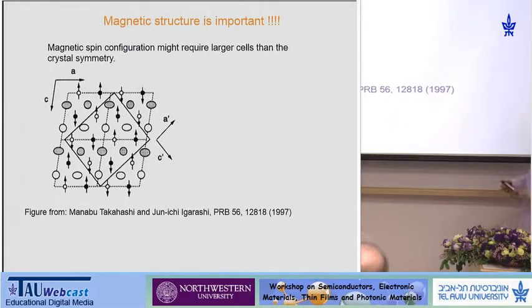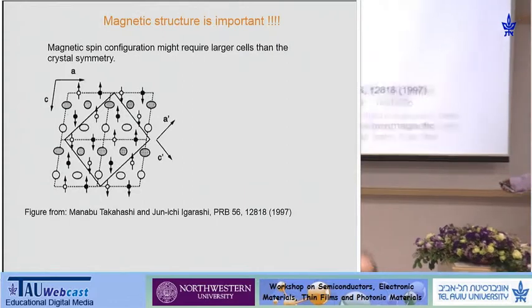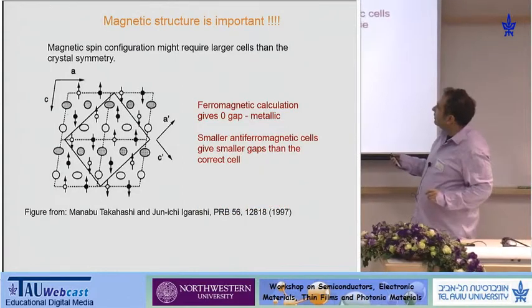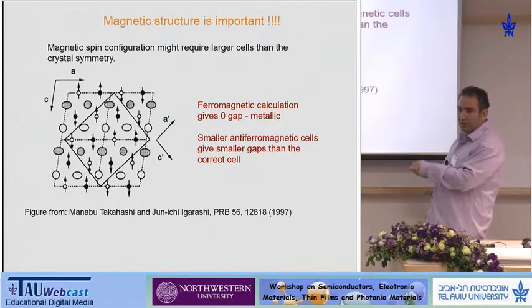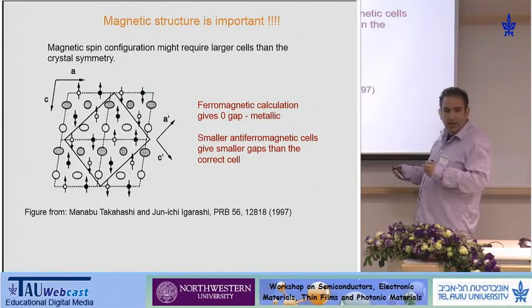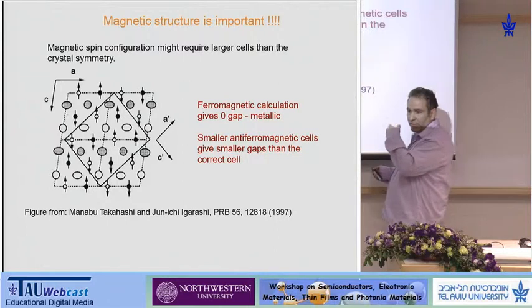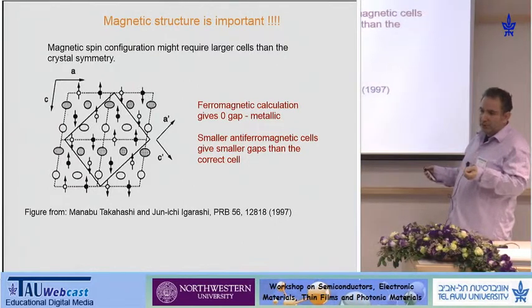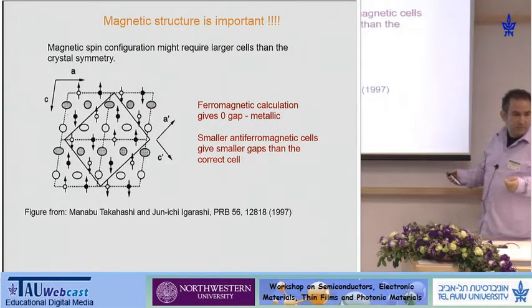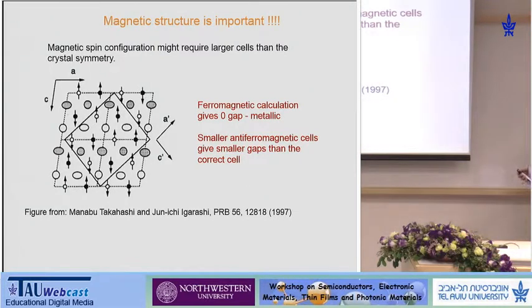And this is important because if you don't model the correct spin, you can get wrong electronic properties and also wrong other properties. And in some cases, in this material with wrong spin configuration, you will get also wrong structure, and in a significant way.